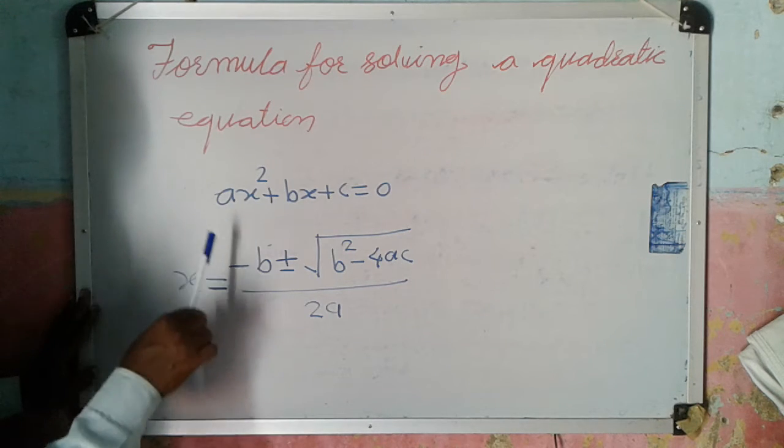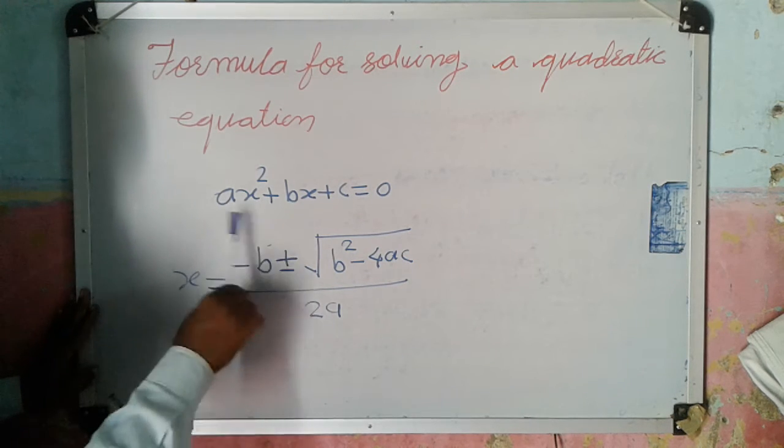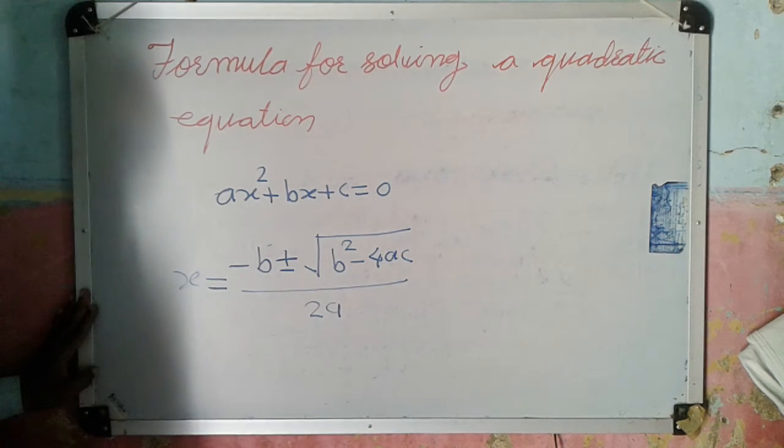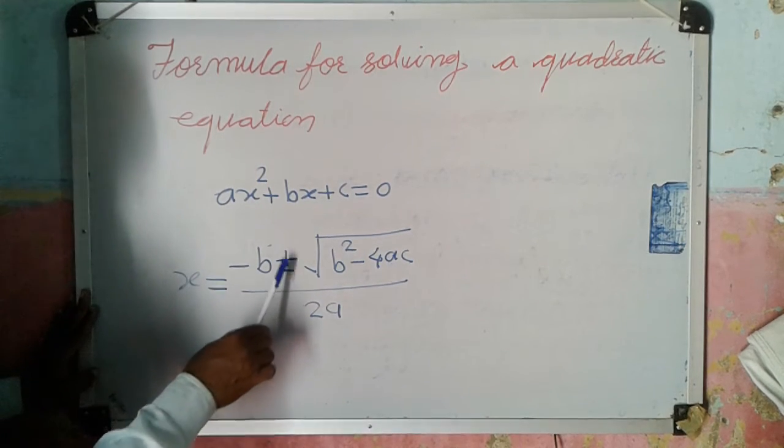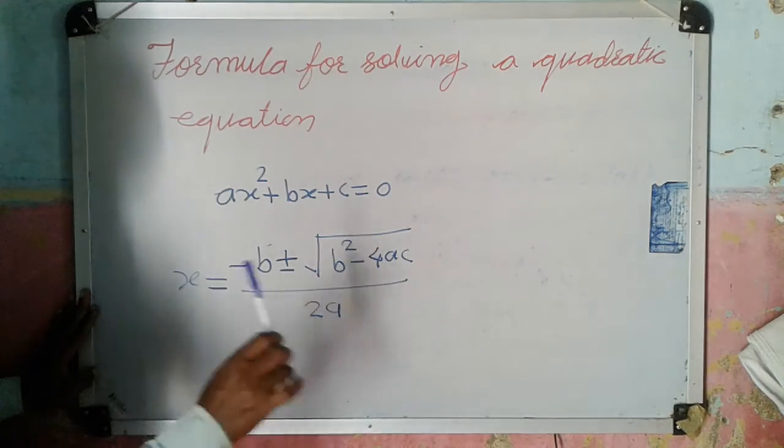So values of a, b and c are taken from the quadratic equation. Now here are two signs, plus or minus. So using these two signs we get two roots.